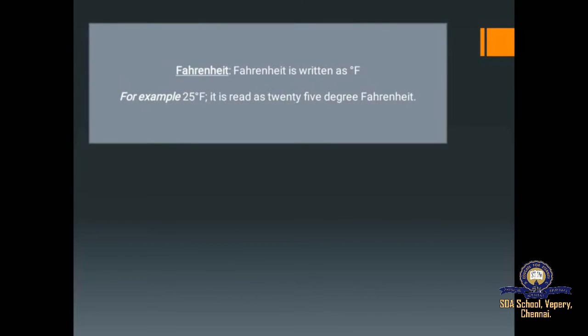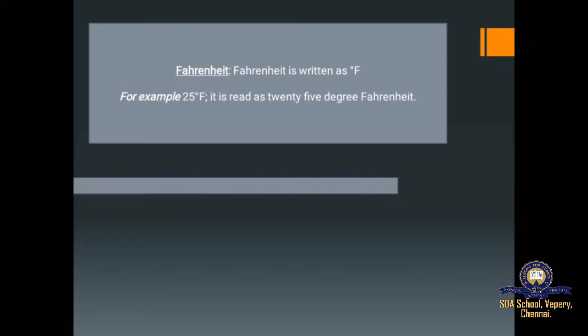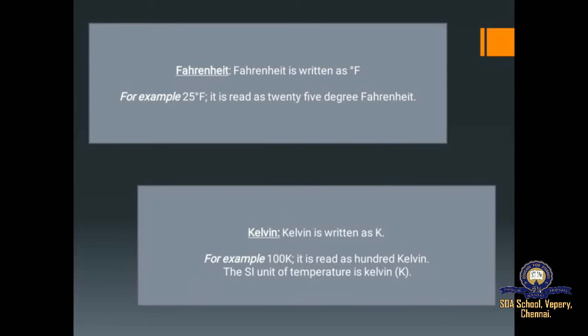This is a unit of temperature. The next is Fahrenheit. Fahrenheit is written with a degree and then a capital F. For example, 25 degree Fahrenheit, read as 25 degree Fahrenheit. Next is Kelvin.